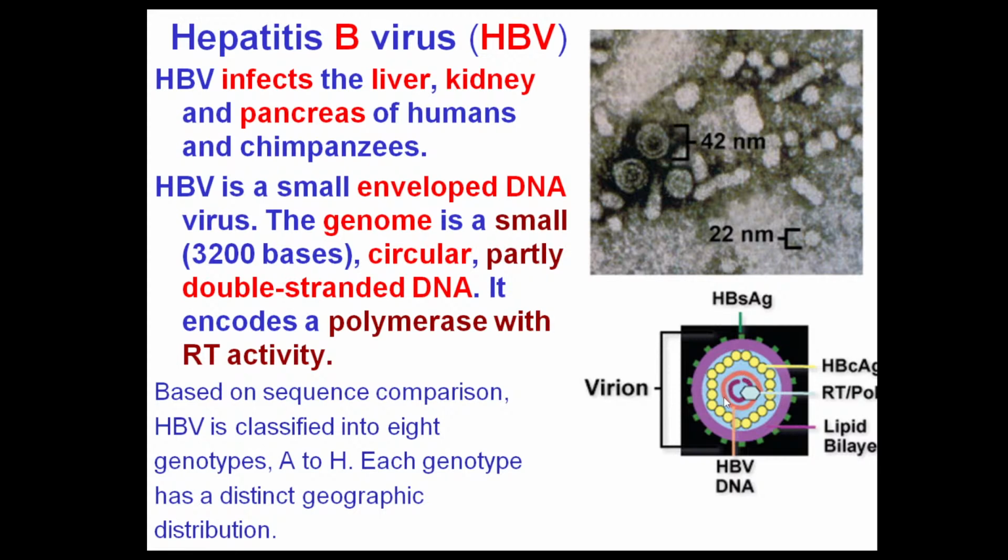And inside is the partially double-stranded hepatitis B viral DNA genome with the polymerase with reverse transcriptase activity. And this nucleocapsid is covered with a lipid bilayer with hepatitis B surface antigens inserted in it, shown here in green. So this is quite simple.